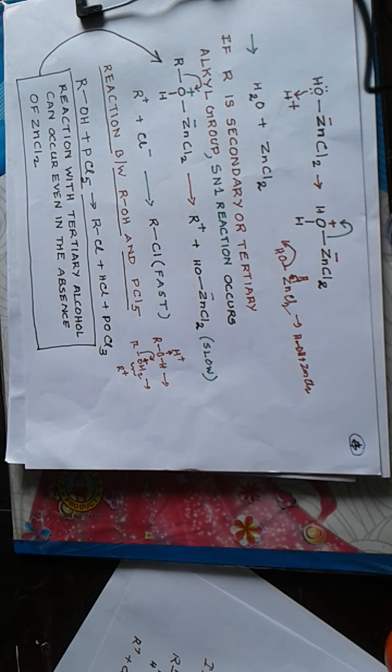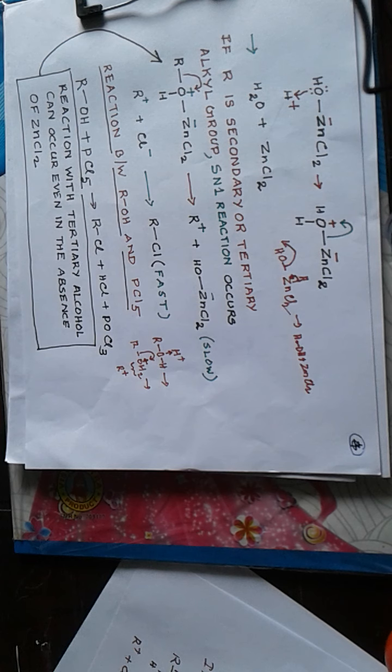If it is a secondary alcohol, then we get the opalescence only after a few minutes, 5 minutes later we get the opalescence on shaking the mixture. So, it is a little slow because a secondary carbocation is less stable than a tertiary carbocation.